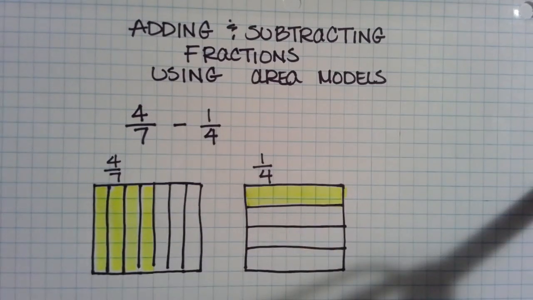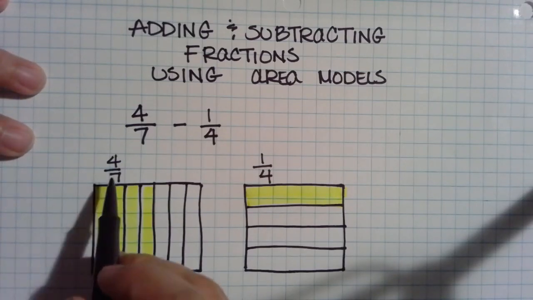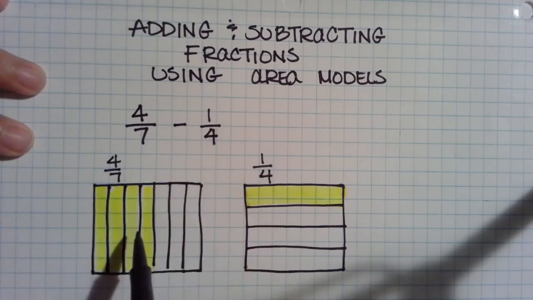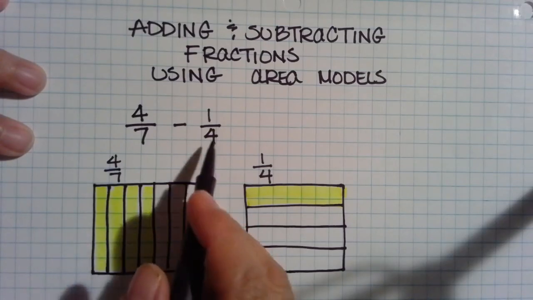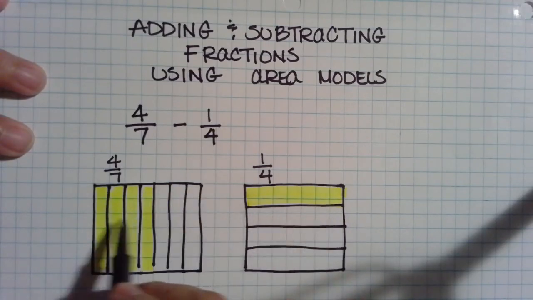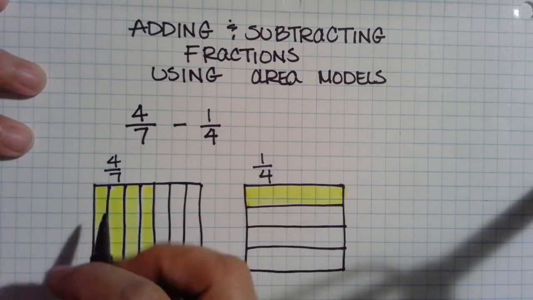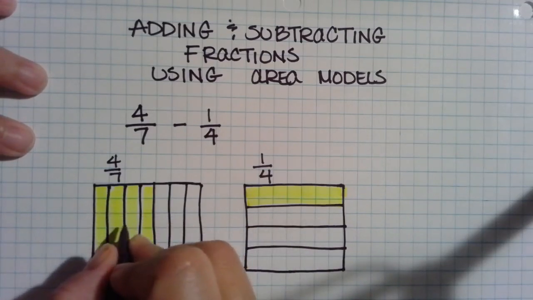Okay, now on a mission to find my common denominator. So I'm going to use the other denominator, the 4, to divide my first box even more. And so just like I did over here, my fourths lines were going horizontally. I'm going to do the same thing over here.